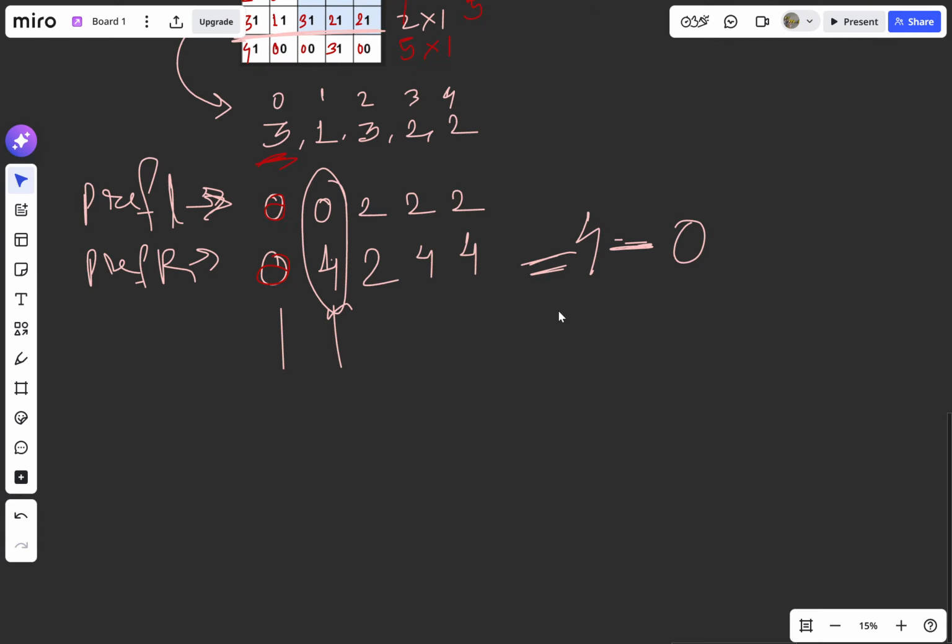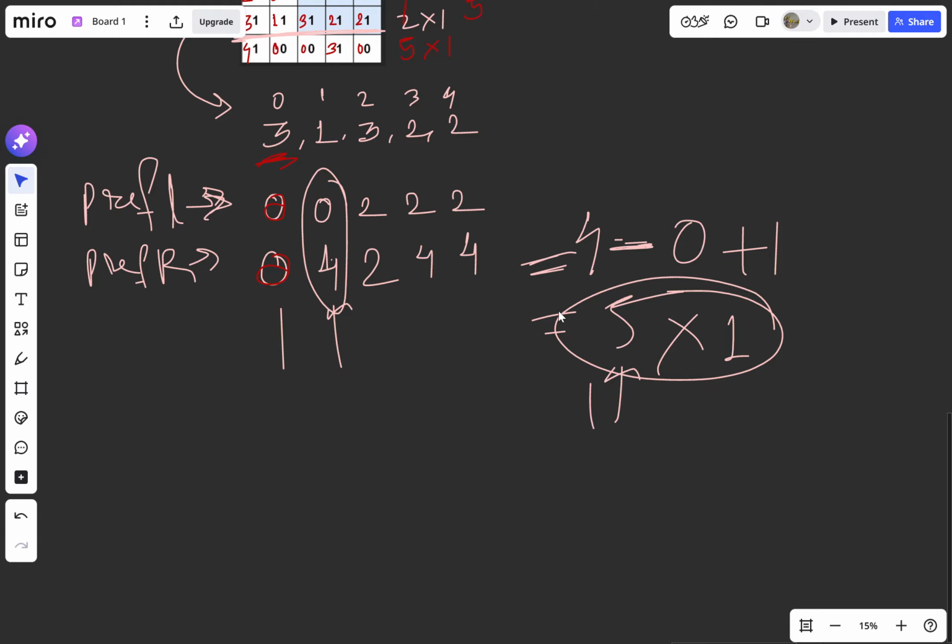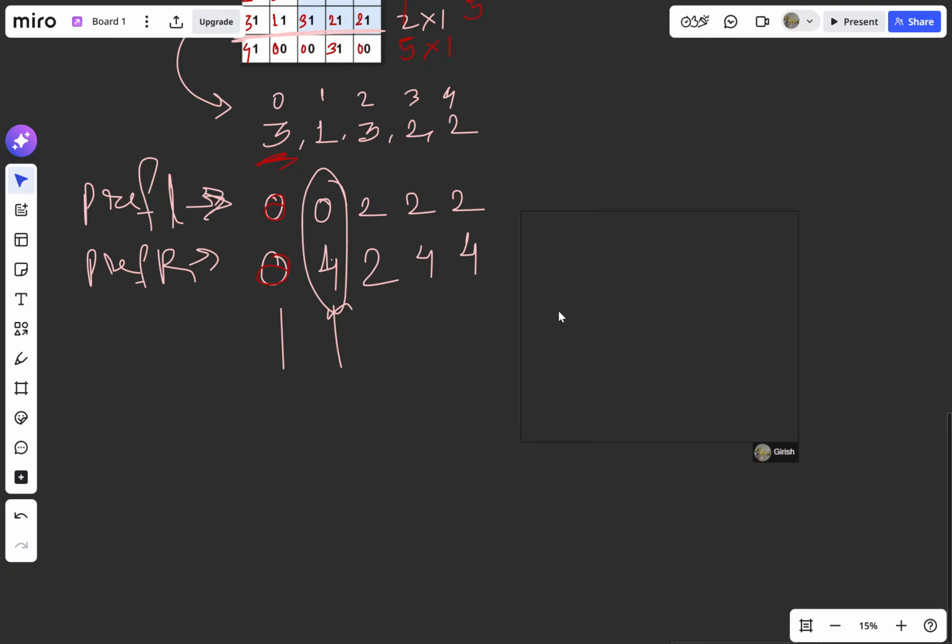So 4 minus 0 plus 1 will be 5. So 5 into 1 means 5 will be the breadth, and it can be the height. We can say length and breadth also, of the rectangle. So here we will get 5.